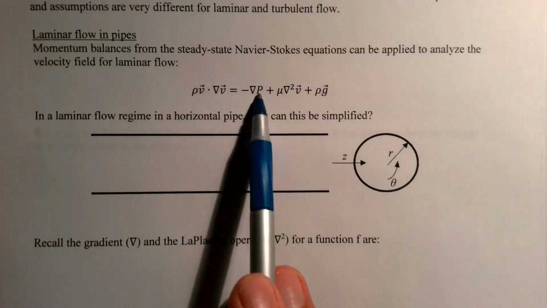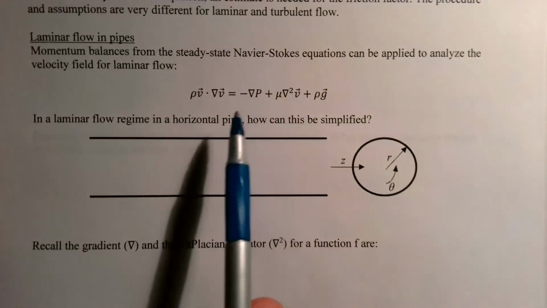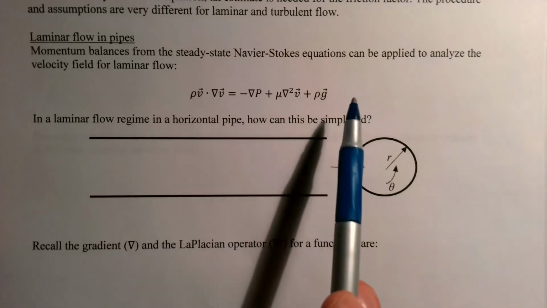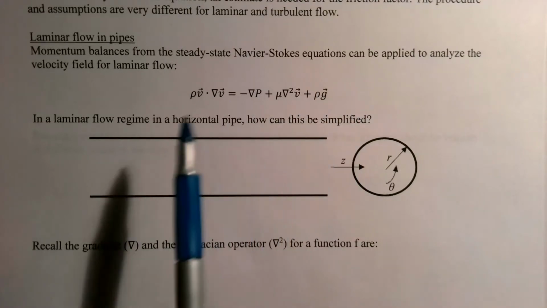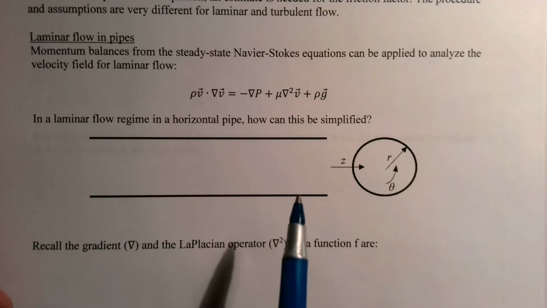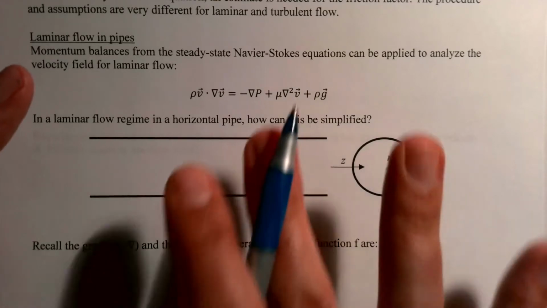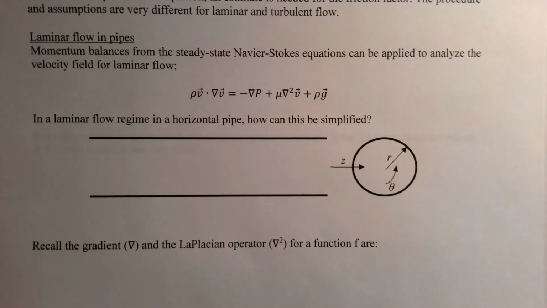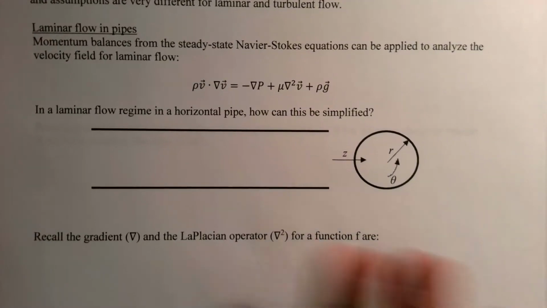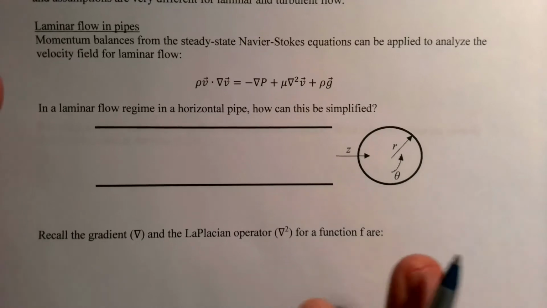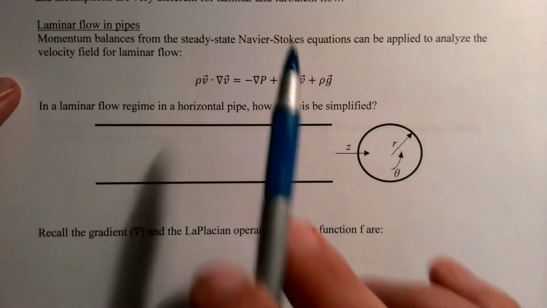And remember, we have pressure here as an unknown, and then we have velocity in 3 dimensions. So this is like 3 different equations with 4 unknowns. But we can actually analyze this one. Most of the time you can't solve it, but we can analyze it for laminar flow and come up with an equation. So we're going to go through how you get that equation, where it comes from in this video, at least the starting point for that.